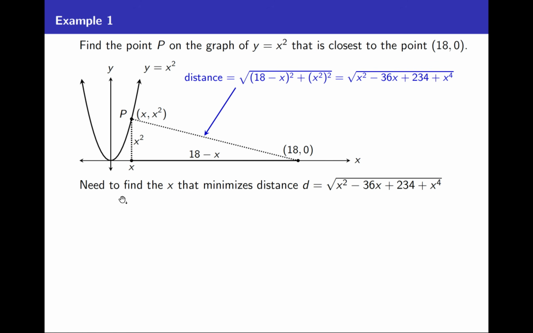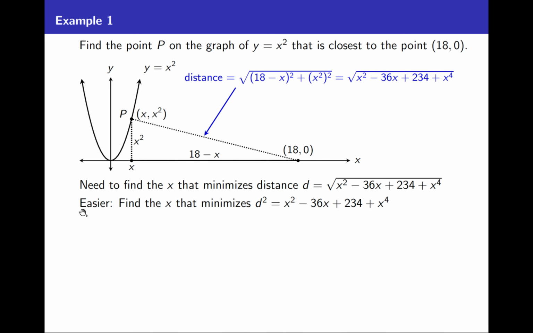So we see here that we need to find an x that minimizes this distance, d, that we have up here. Now we're looking for an x that minimizes distance, and this distance has a square root in it, which is fine. But here's a trick that you might want to think about. It's easier if you didn't have a square root, but if we're looking for the x that minimizes distance, d, that's going to be the same x that minimizes the square of distance, d squared.